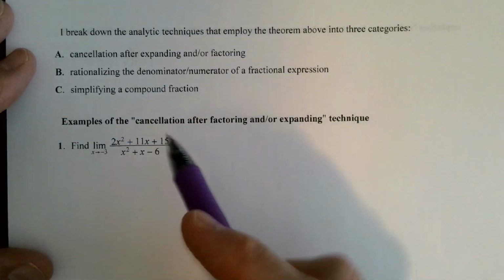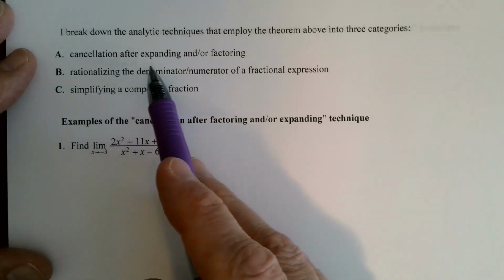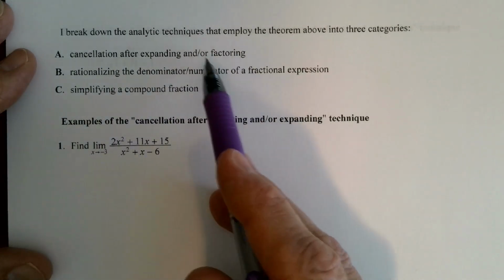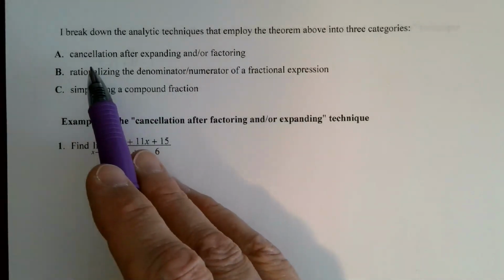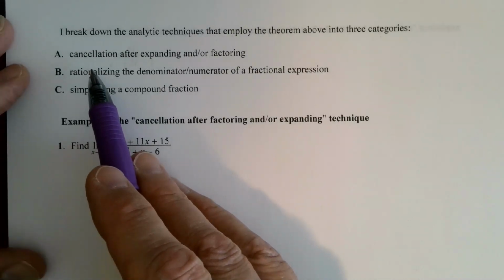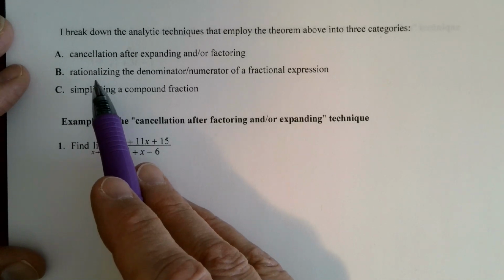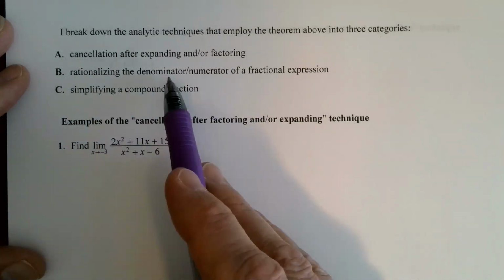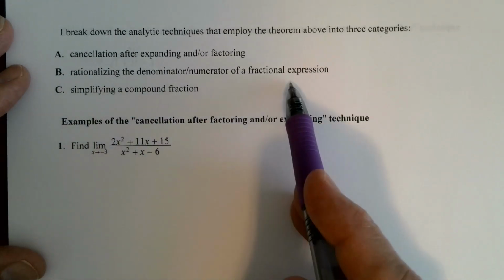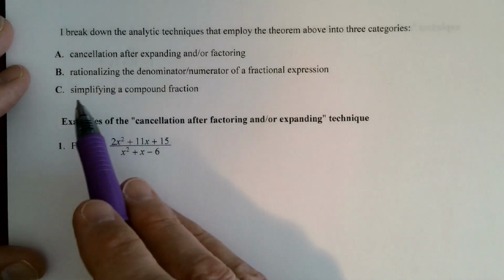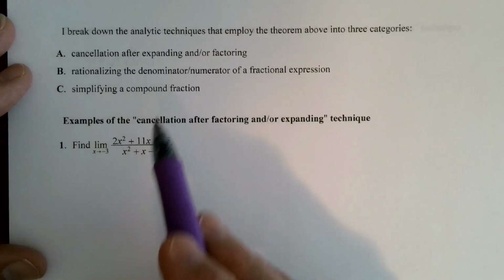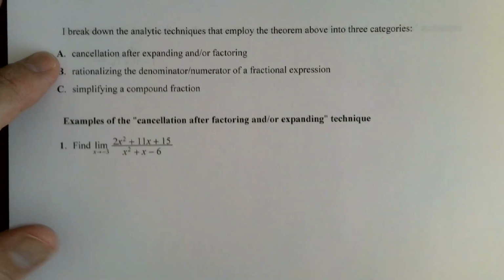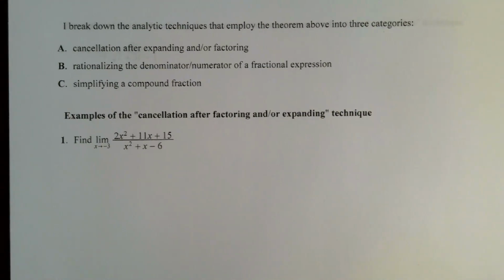And I gave an example of this, cancellation after expanding and/or factoring. We factored, remember, and then we were able to cancel out that common factor, and then we got our other function that we can find the limit of. Another technique is rationalizing the denominator or numerator of a fractional expression, and then also simplifying a compound or complex fraction. Okay. So I'm first going to look at examples of the first type, A.